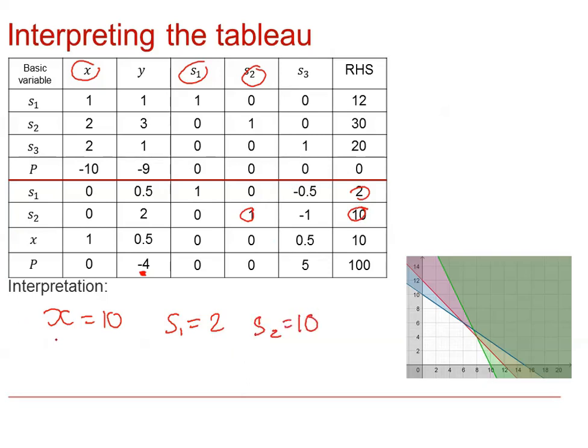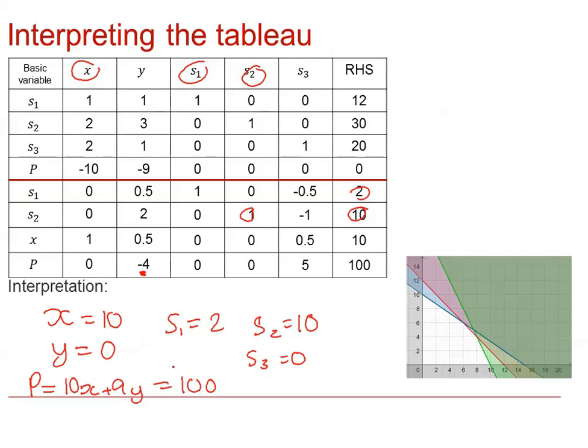So our non-basic variables are the other variables. So Y is non-basic, so Y is 0. And S3 is non-basic, so S3 is 0. So this means that the objective function P, which was 10x plus 9y, must be 100 at this stage.